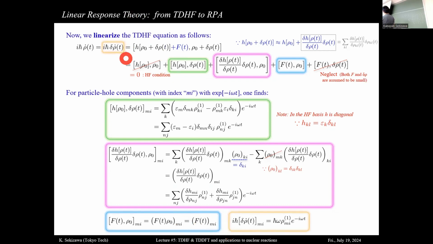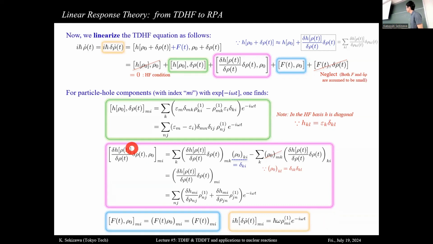And here, I just operate this time derivative on delta rho, and then you have minus i omega from this exponential, and it becomes h bar omega rho 1 exponential minus i omega t.